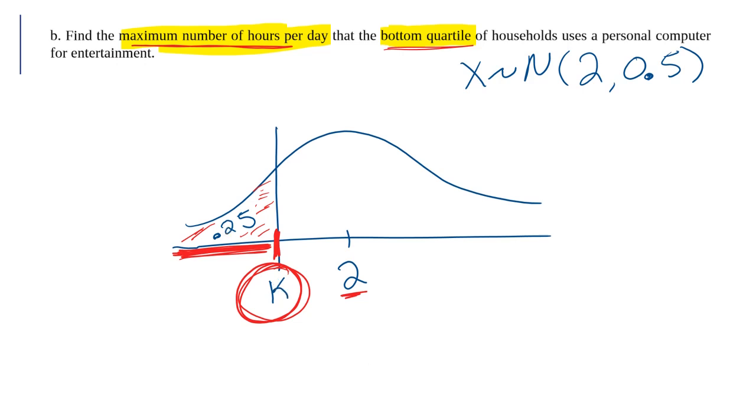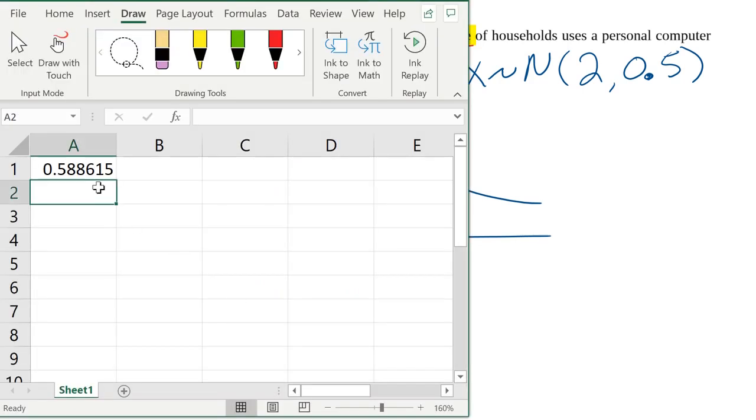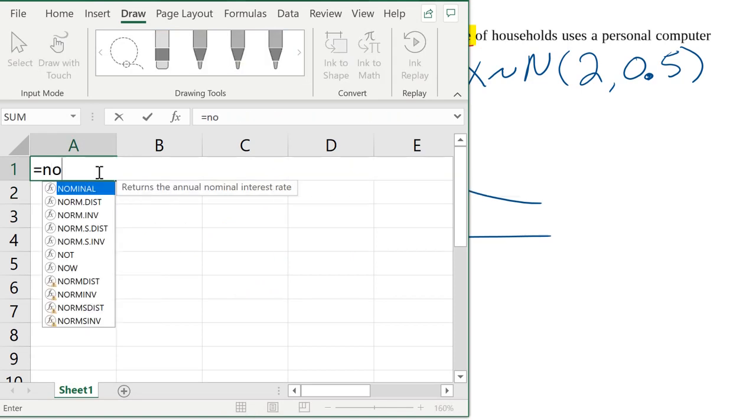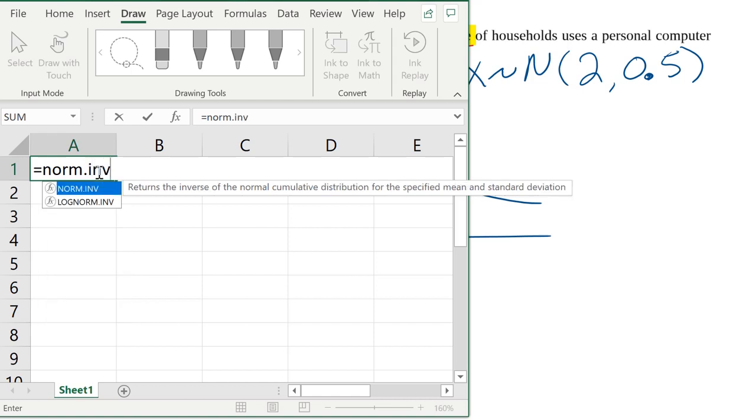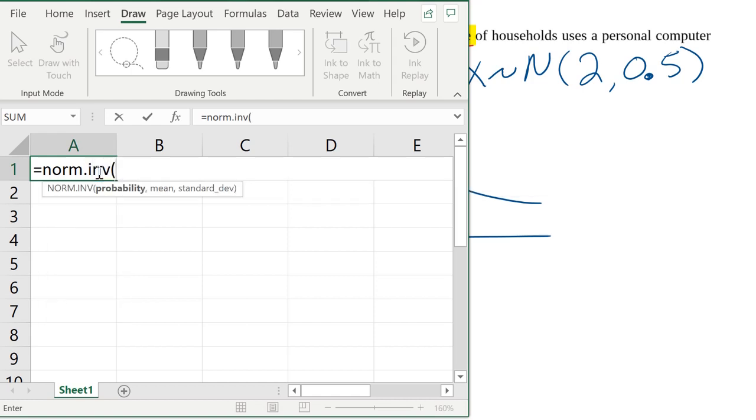To figure that out, let's go to Excel. Let me delete this. Then type equals norm.inv, norm inverse, open parentheses. The probability is always the probability to the left. To the left of K is 0.25. The mean of this distribution is 2. The standard deviation is 0.5.